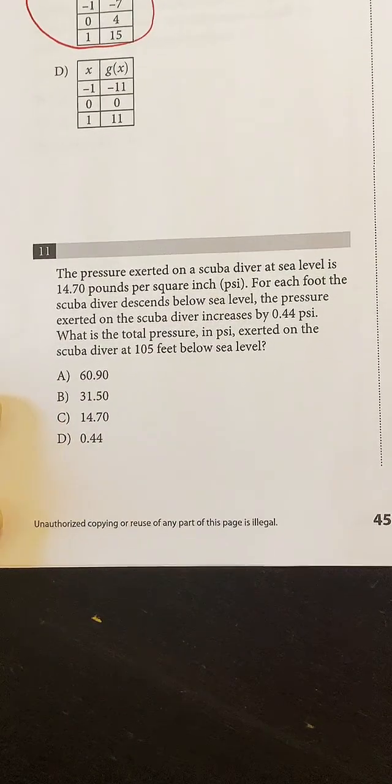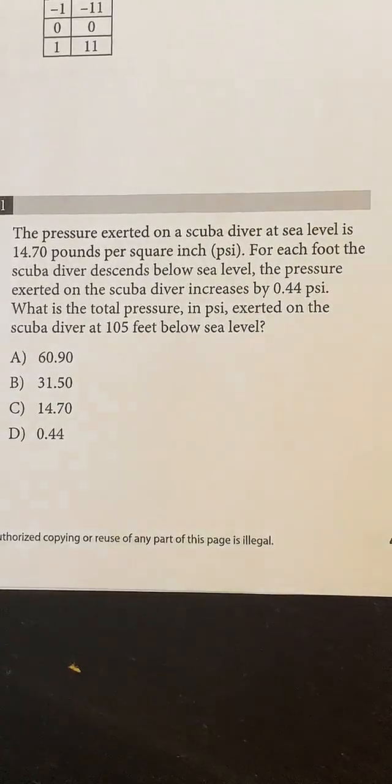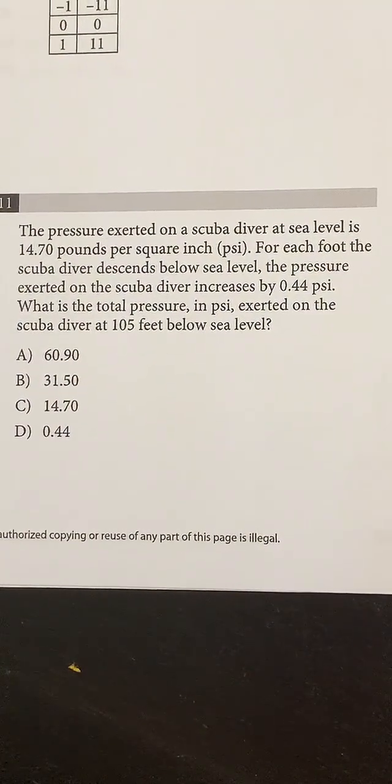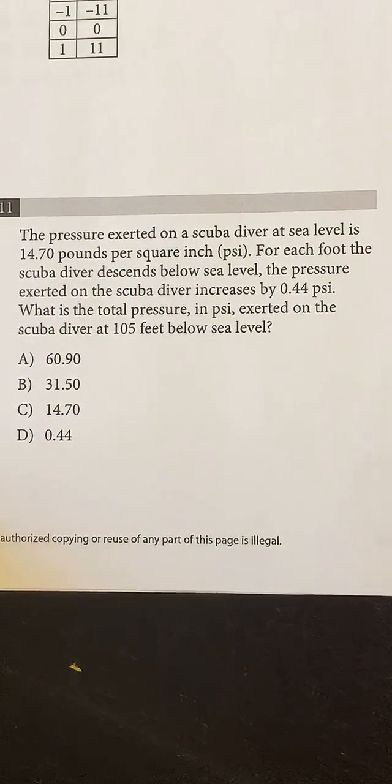All right, so this one, let me see if I can zoom a little bit and try to fit it all inside this screen. The pressure exerted on a scuba diver at sea level is 14.70 pounds per square inch. That's PSI, okay?